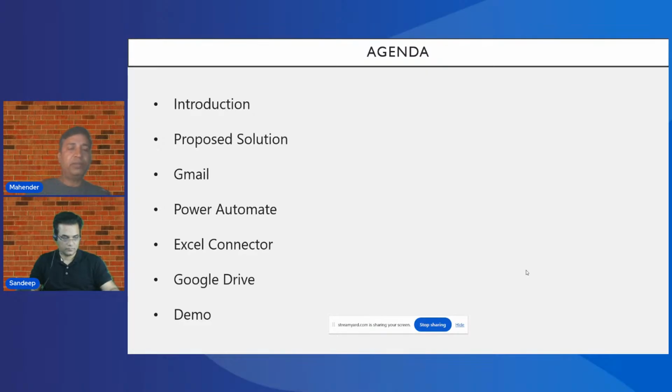And then Google Drive, another connector we are going to talk about, which we use to put our document on a centralized location. Then we'll see a demo of all these connectors and how we can use them.